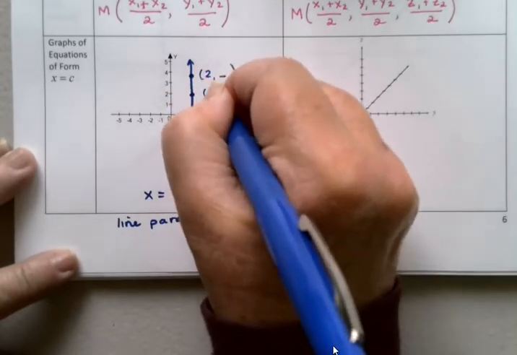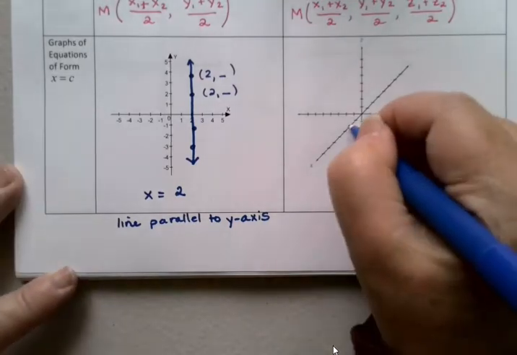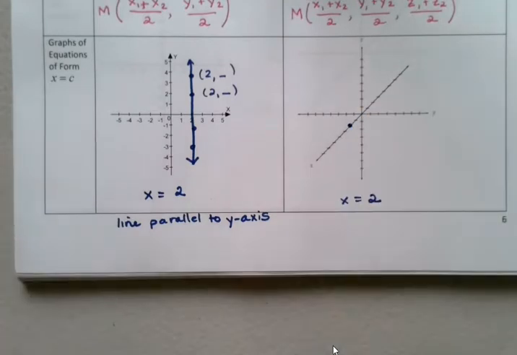It was always 2 comma something. I need that same situation in 3 space. I need all the points with an x value of 2, but the y and the z could be anything. What's going to happen is we're going to get a whole plane. Here's x equals 2. I'll just indicate the x-intercept there.